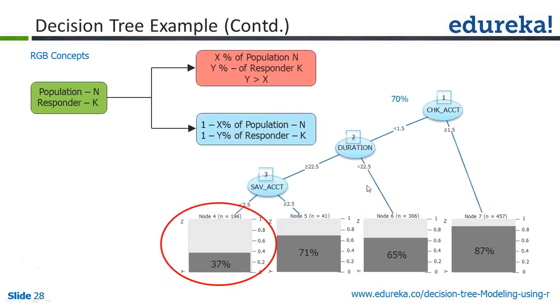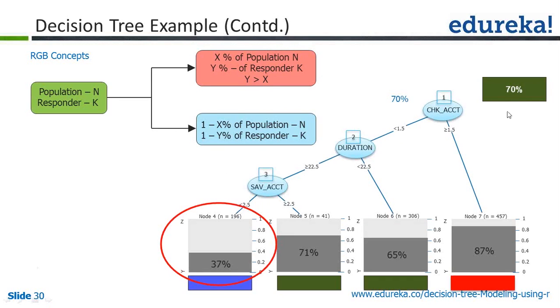So what did the decision tree do? Take a look. We started with 70%, and here there are too many yes. If you are trying to predict yes, there are too many yes here, because 87% is yes. Here the rate is similar to the base rate, and this is a blue zone. Why?